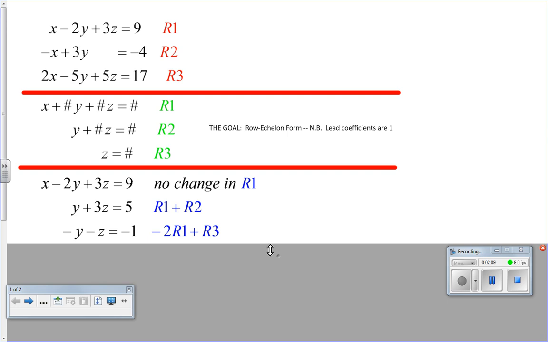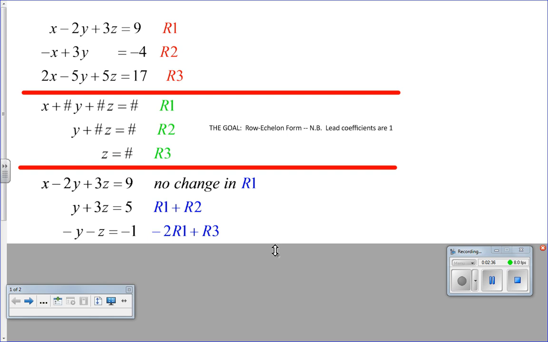Now, you could have done the same thing by taking the second row, doubling the second row, and adding to the third row to get rid of the x term. So there are options, but let's just go with -2 times the opening row added to the last row, replacing the last row. And notice that that results in -y minus z equals -1.